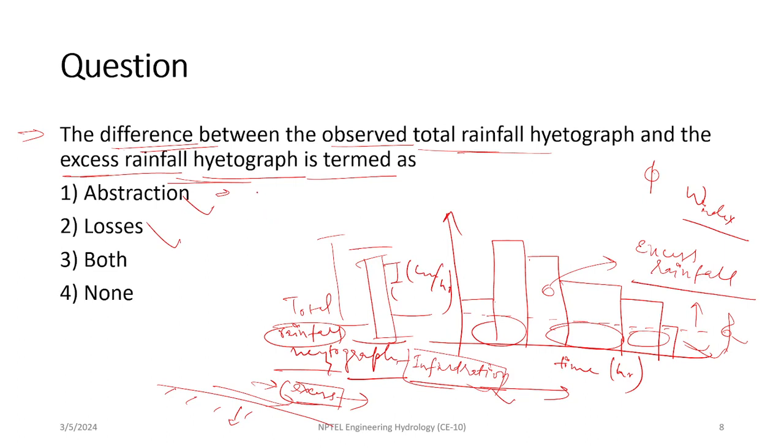You can say depression storage or something like that, which also has to be included. So abstraction will come into that picture. And if you talk about losses, you can count that infiltration has occurred, or the evapotranspiration or evaporation process is also there. So water is going out of the system now. It is not conserved in that system.